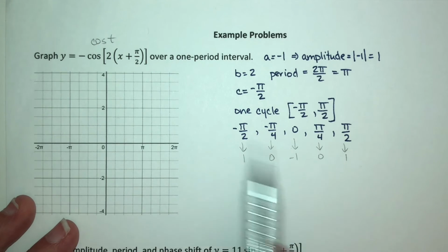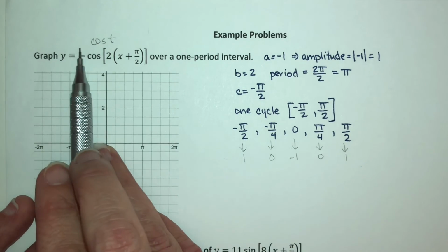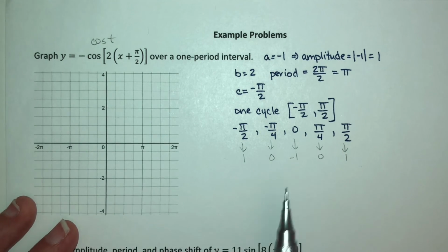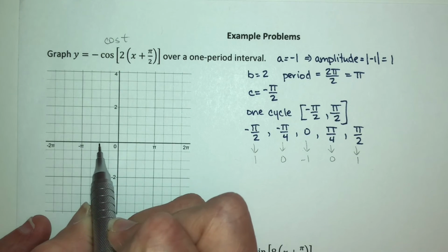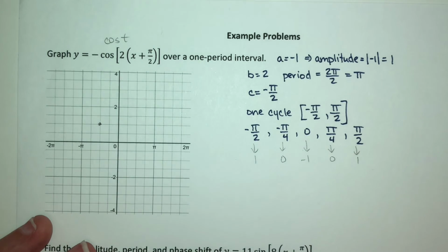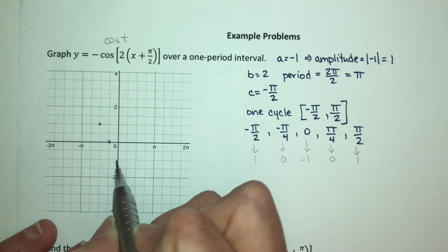Now this will give us our points for positive cosine of this. I'm going to lightly sketch this. If I'm at negative pi over 2 and 1, that would be here. And then these are broken up into fourths, so I'd go here.